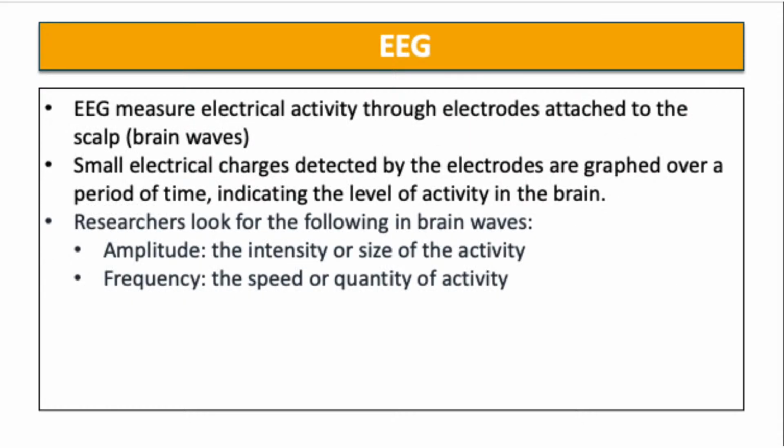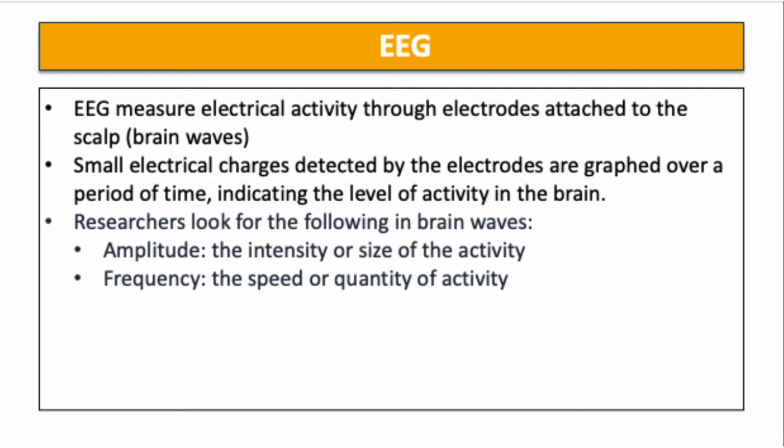Our EEG then, moving on. This measures electrical activity through electrodes that are attached to the scalp, and it measures brain waves. We're going to have a little session today on the 4 different types of brain waves later. So small electrical charges detected by the electrodes are graphed over a period of time. And again, that indicates the level of activity in the brain.